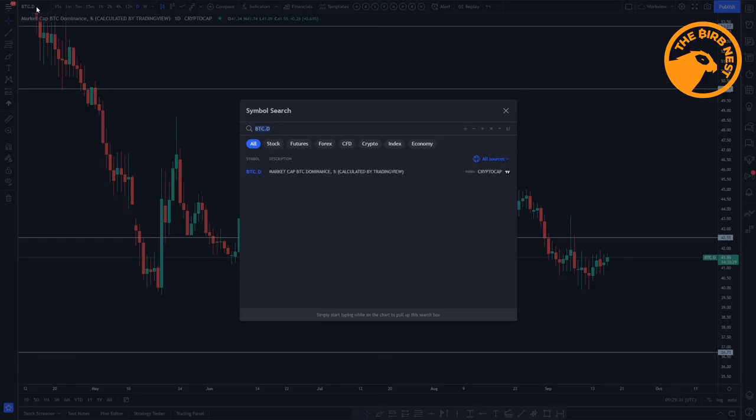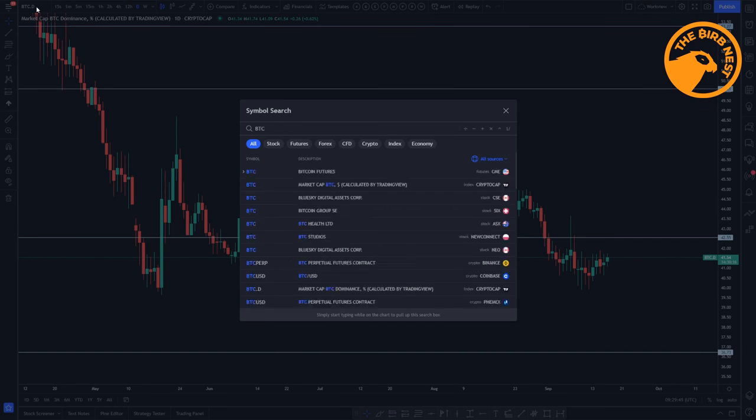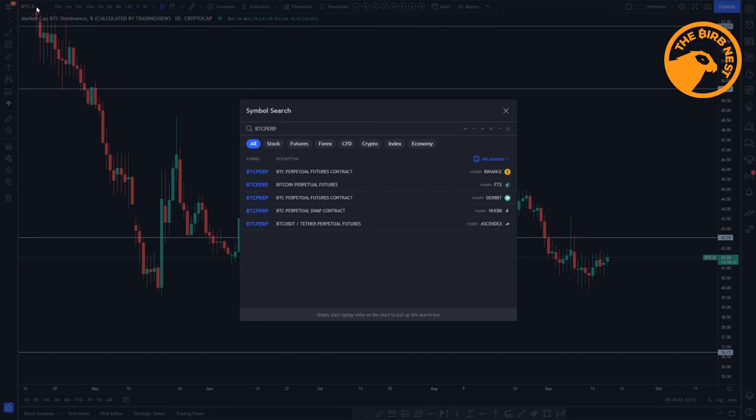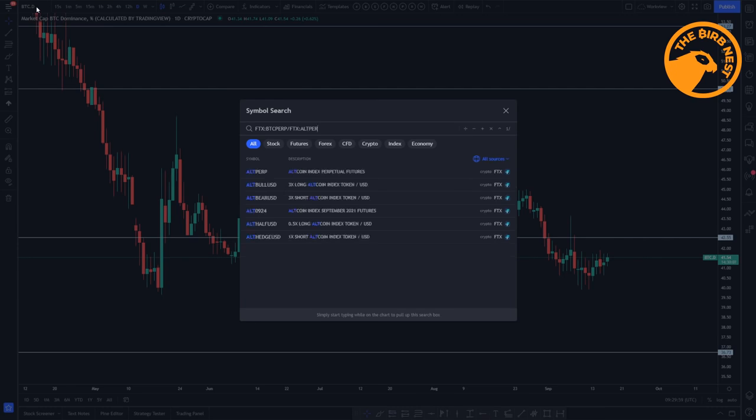You can use the calculations in TradingView to get that ratio. So if you want the dominance of Bitcoin against these altcoins, you can use the BTC perpetual contract on FTX by typing in FTX in front of the BTC perpetual and then dividing it by the altcoin perpetual on FTX.